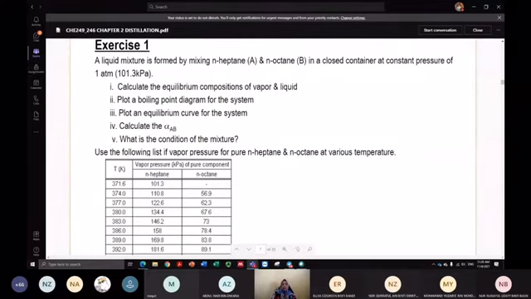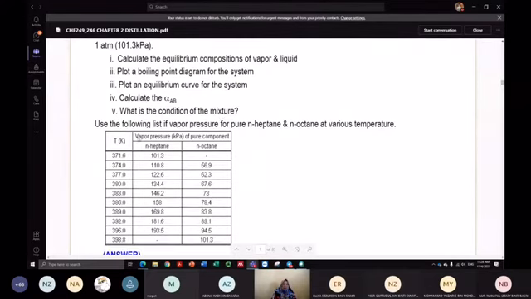If you have more temperatures, like in this table, but the pressure is constant, you will have a few points giving the equilibrium composition data, which represent XA, XB, YA, and YB.